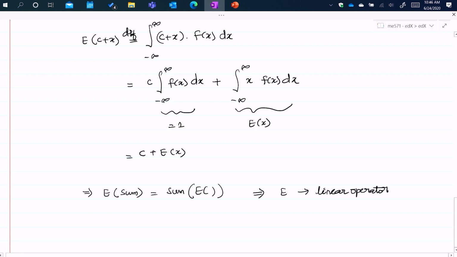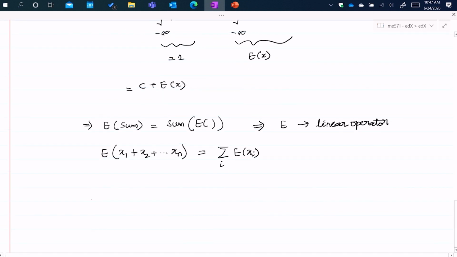You can think of expectation as a linear operator. So in other words, expected value of x1 plus x2 and so on up to xn, where there are n random variables, is going to be equal to the summation over i of expected value of xi. Okay, so that is what I meant by expectation being a linear operator.